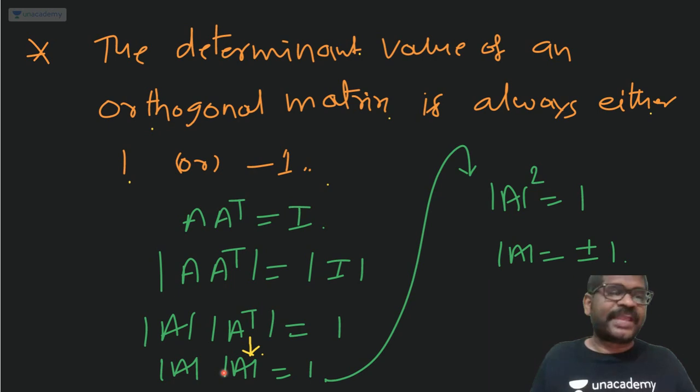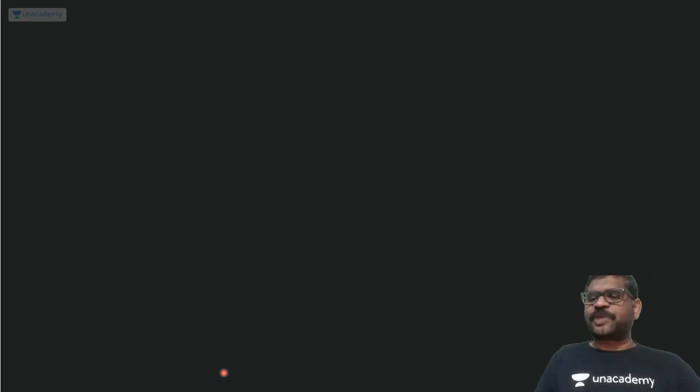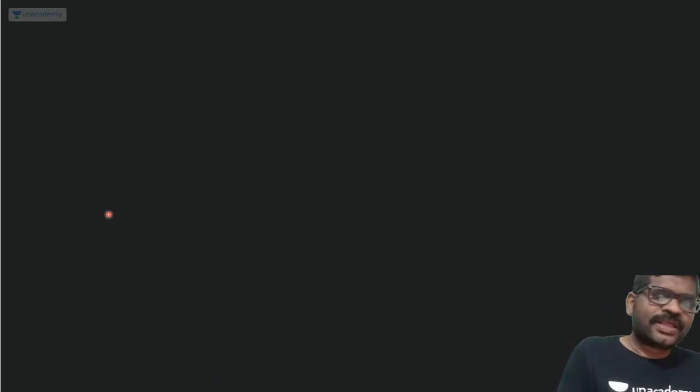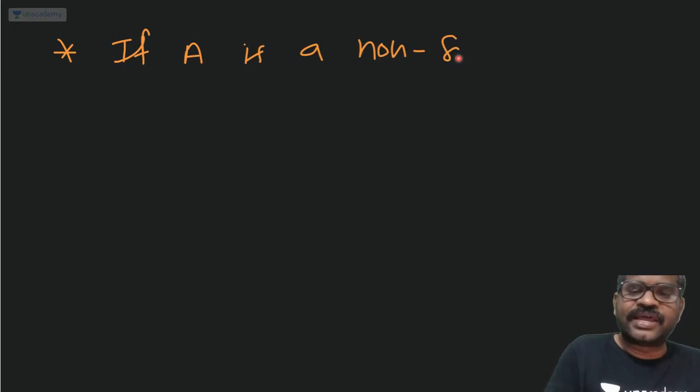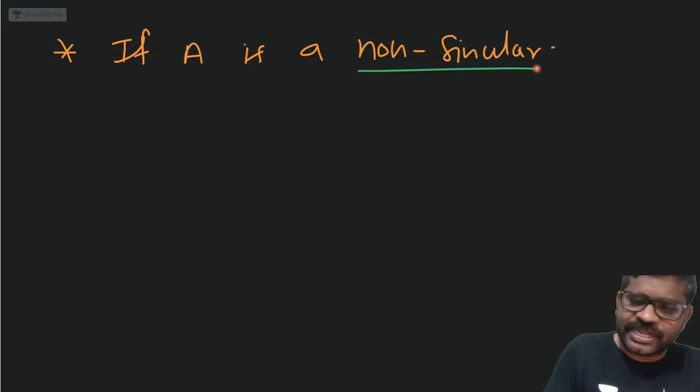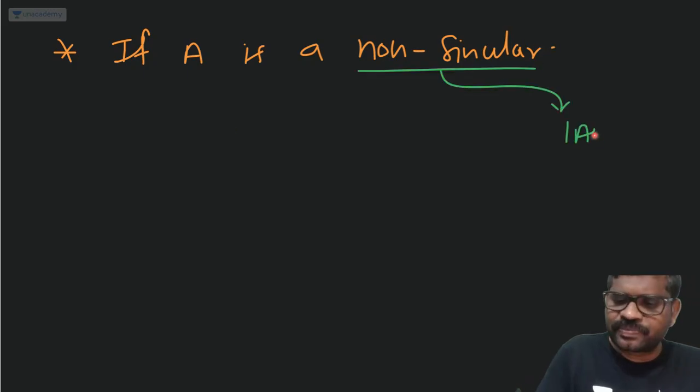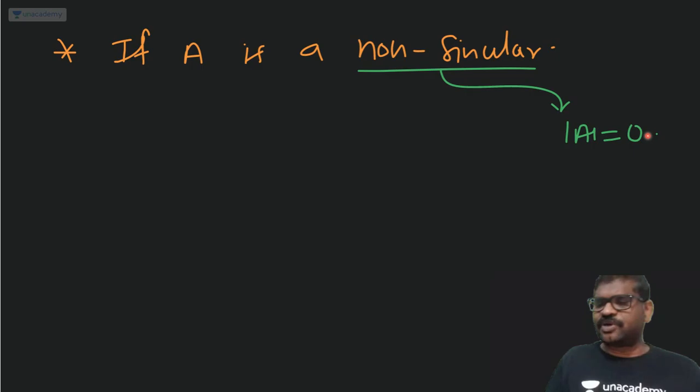Okay, next property. If A is non-singular, what is non-singular? Determinant is non-zero, then it is called non-singular.